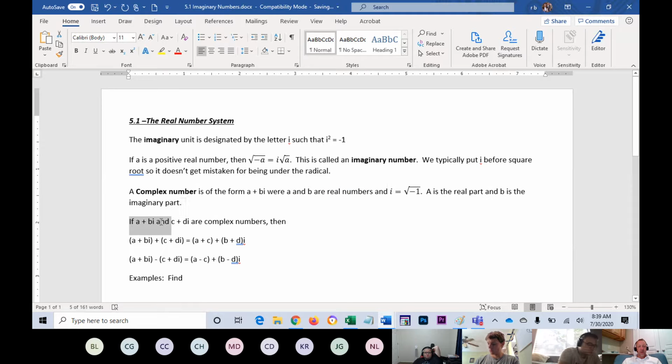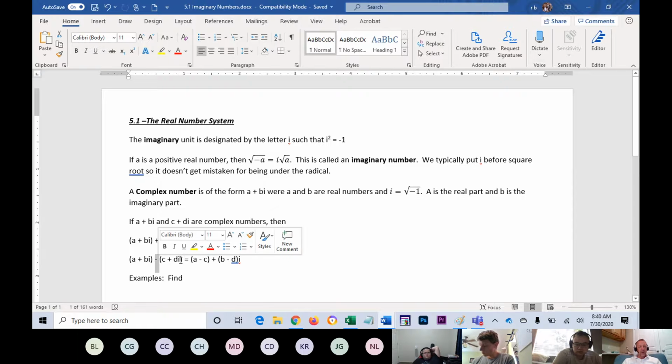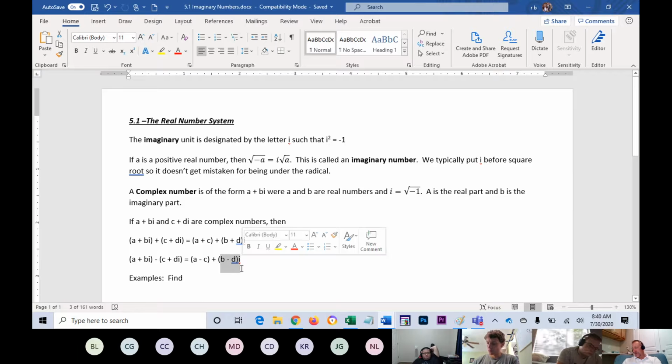If I have two complex numbers, a plus bi and c plus di, you just add the real parts together, a plus c, and add the imaginary parts, b plus d. If you want to subtract them instead, you subtract the real parts and subtract the imaginary parts.